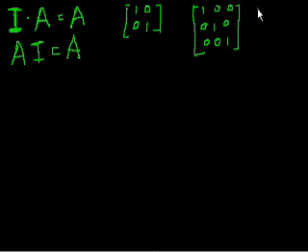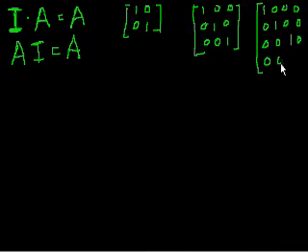If you want a 4 by 4, the identity matrix is 1, 0, 0, 0, 0, 1, 0, 0, 0, 0, 1, 0, 0, 0, 0, 1. We could extend this to an n by n matrix, where you just have ones along the diagonal from top left to bottom right, and everything else is a 0.